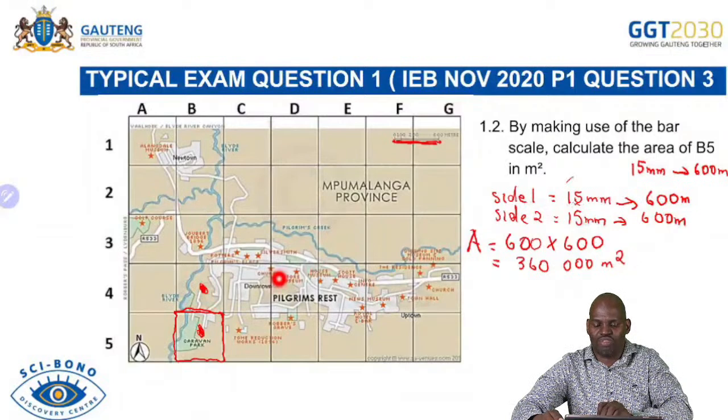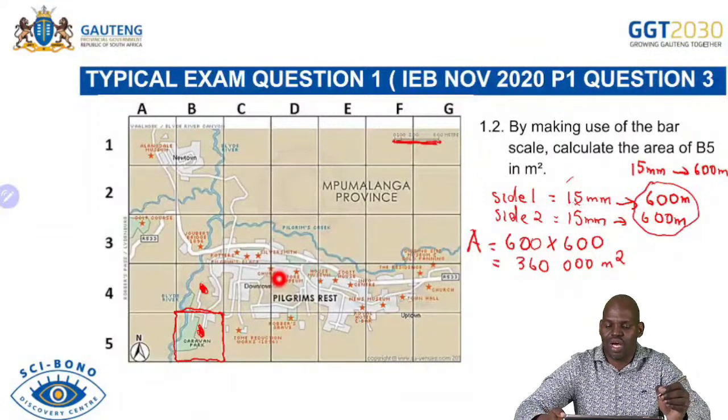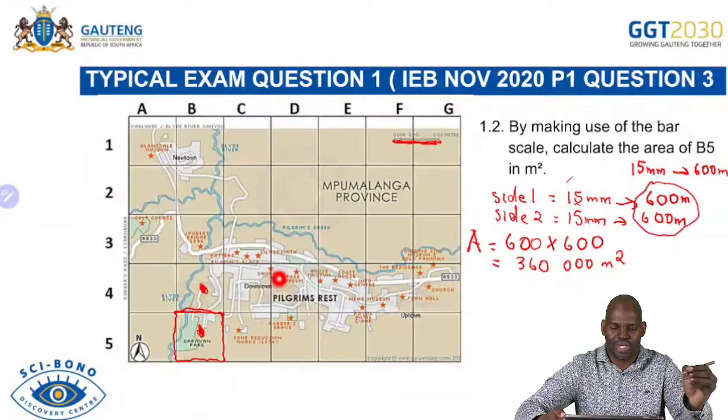And side 2 is 15 millimeters, it is 600 meters in reality. So therefore, I can just take the real dimensions and multiply them together. Then this will give me 360,000 meters squared. And that is question number 1.2.